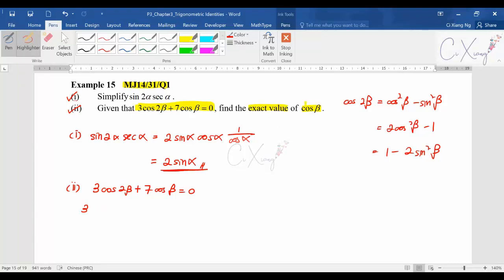Okay, then again, you refer back to the question, because the question requests cos beta. Therefore, I choose the formula with only cos beta. Therefore, I will have 3 multiplied by 2 cos square beta minus 1, plus 7 cos beta. If you expand everything correctly, you will have a quadratic equation in terms of cos beta.